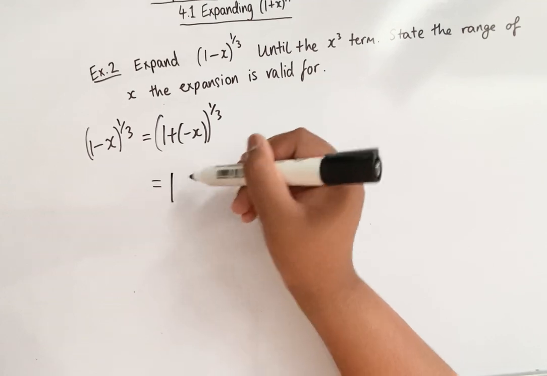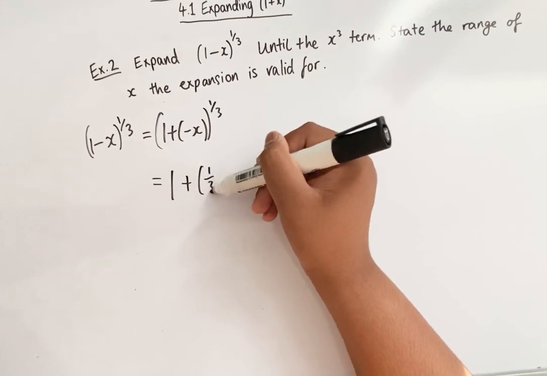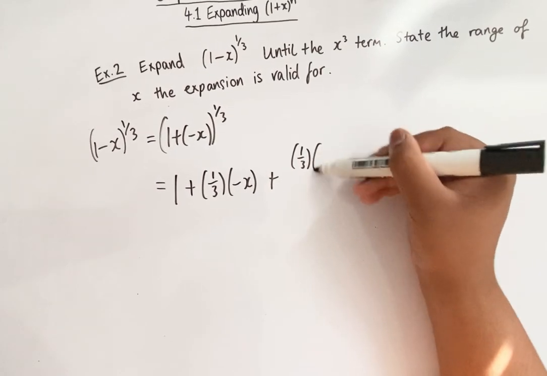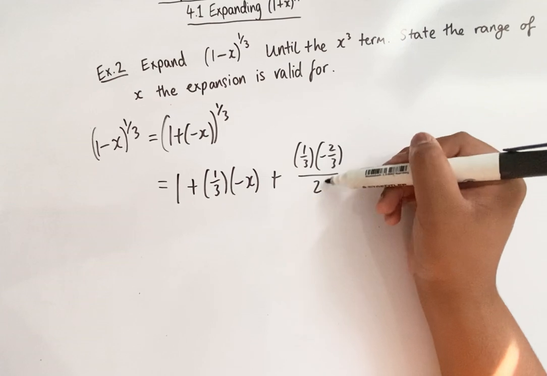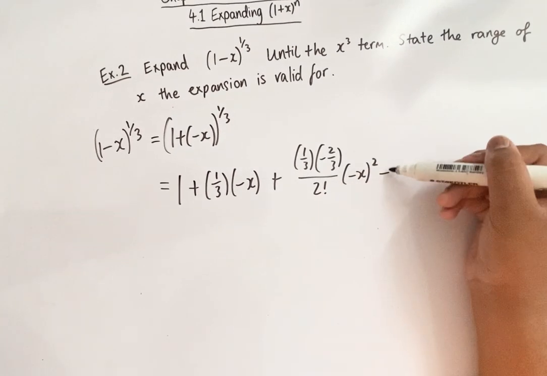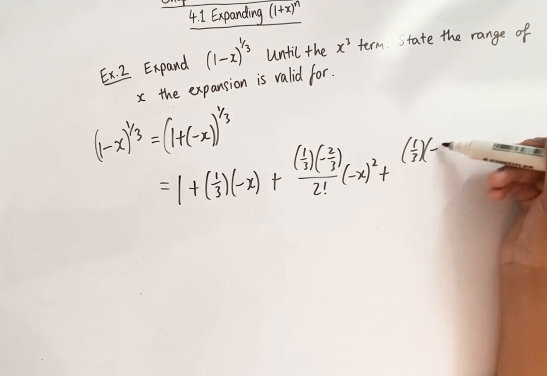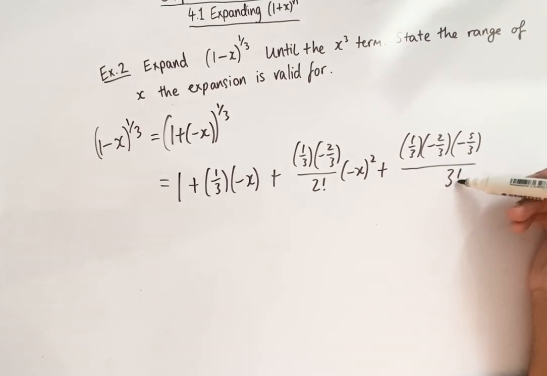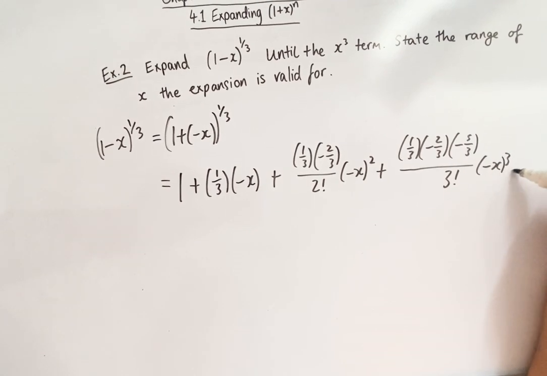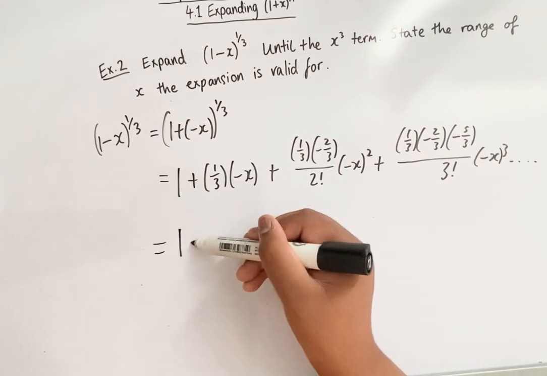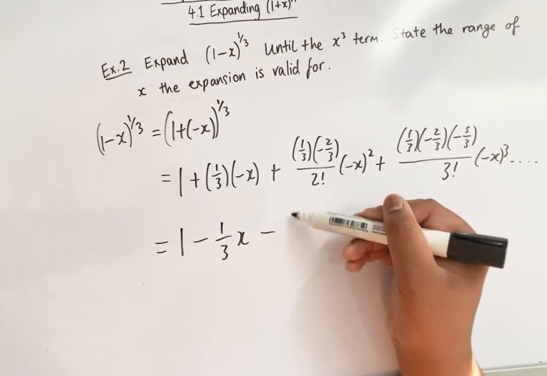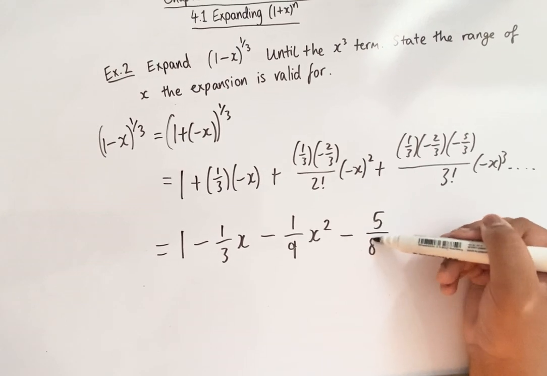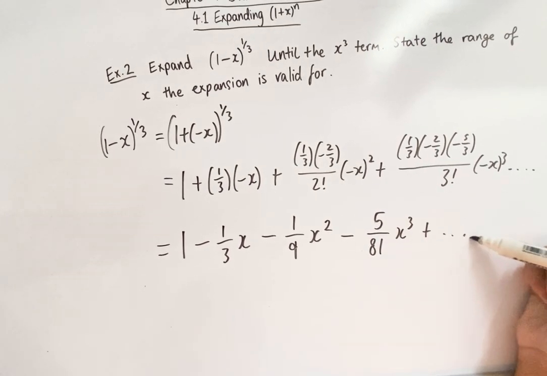And so this is going to be 1 plus a third times minus x plus a third times a third minus 1, which is minus 2 thirds, over 2 factorial times minus x squared plus a third times a third minus 1, which is minus 2 thirds, and minus 1 again, minus 5 thirds, over 3 factorial times minus x cubed, and so on. And there's going to be 1 minus a third x minus 1 over 9 x squared minus 5 over 81 x cubed, and so on and so forth.